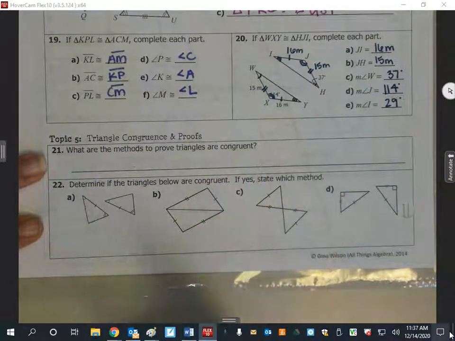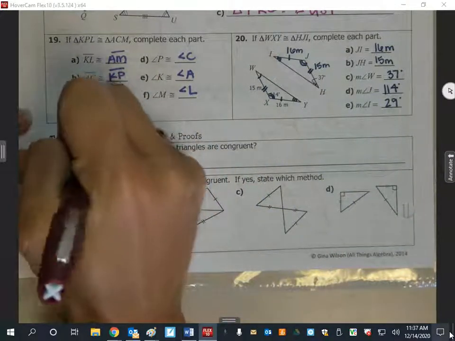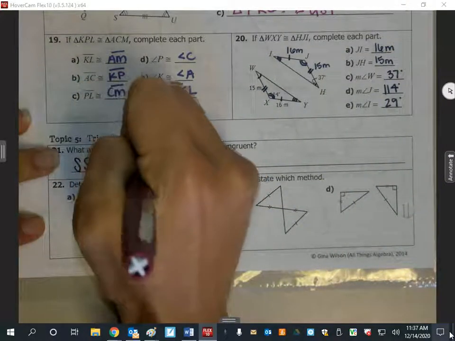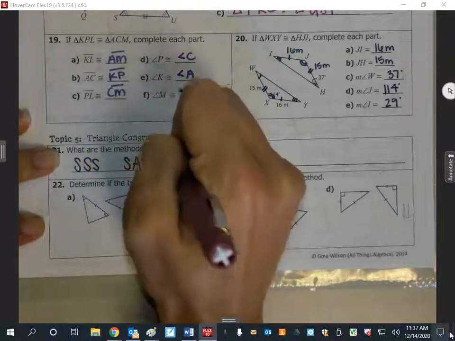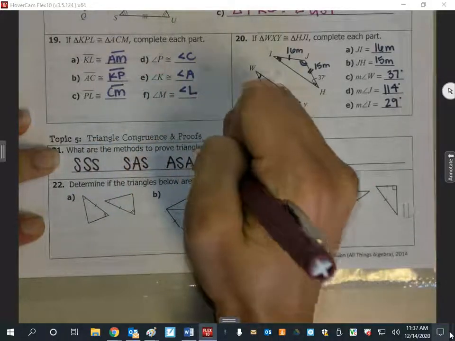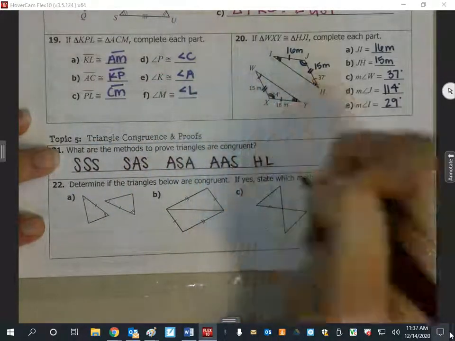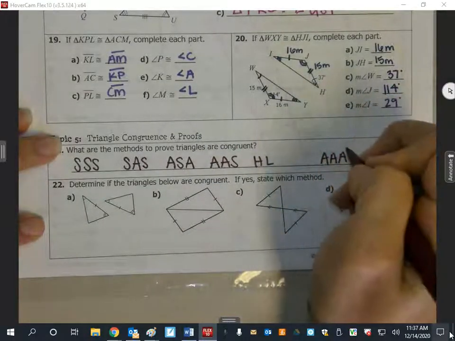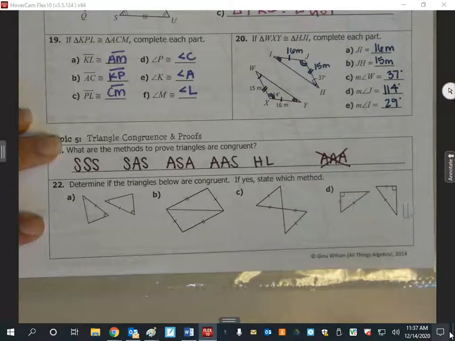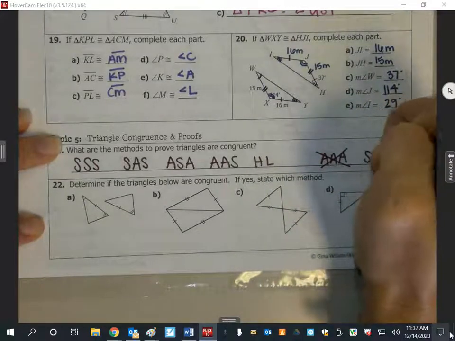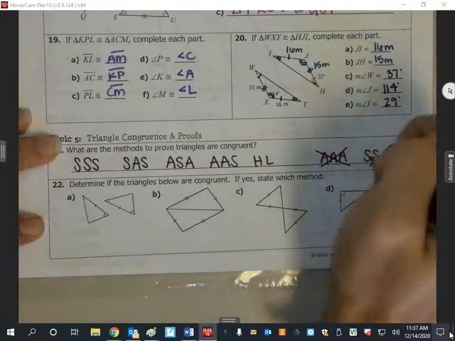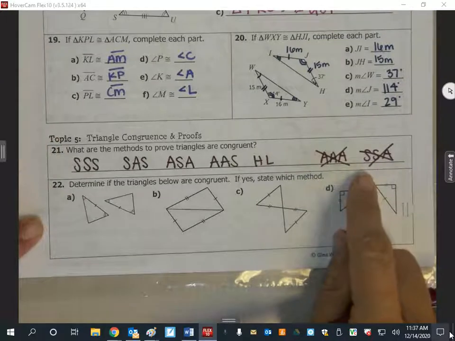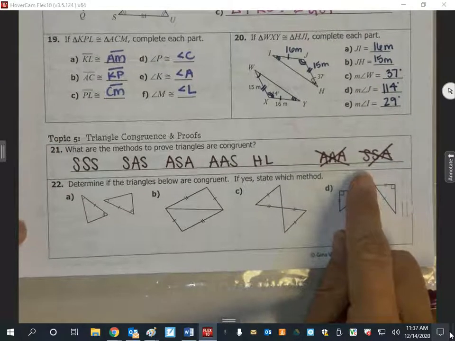So the ways that we can prove that triangles are congruent are side, side, side; side, angle, side; angle, side, angle; angle, angle, side; and hypotenuse, leg. Angle, angle, angle is not a congruence method. Side, side, angle is not a congruence method. So hopefully those are the 2 that you chose that do not fit.